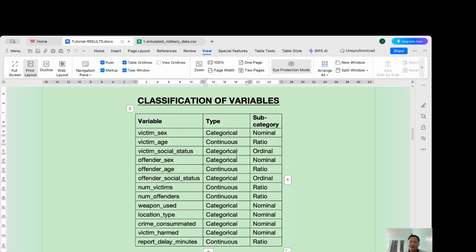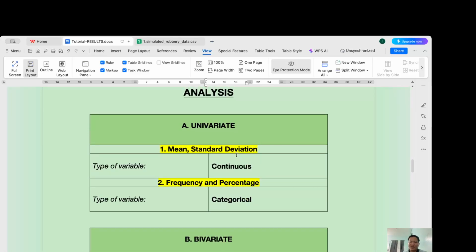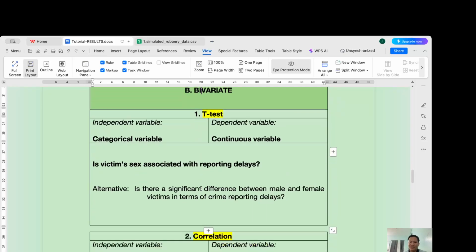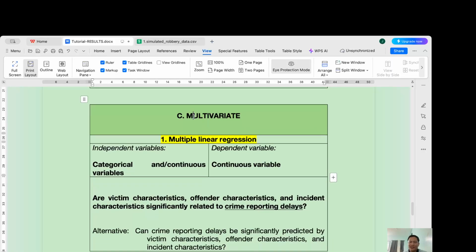It is important first for us to understand and learn the types of variables so that we can determine the types of analysis that we are going to conduct in order to answer a particular research question. Let's proceed to the types of analysis. The three major types of analysis are univariate, bivariate, and multivariate analysis.